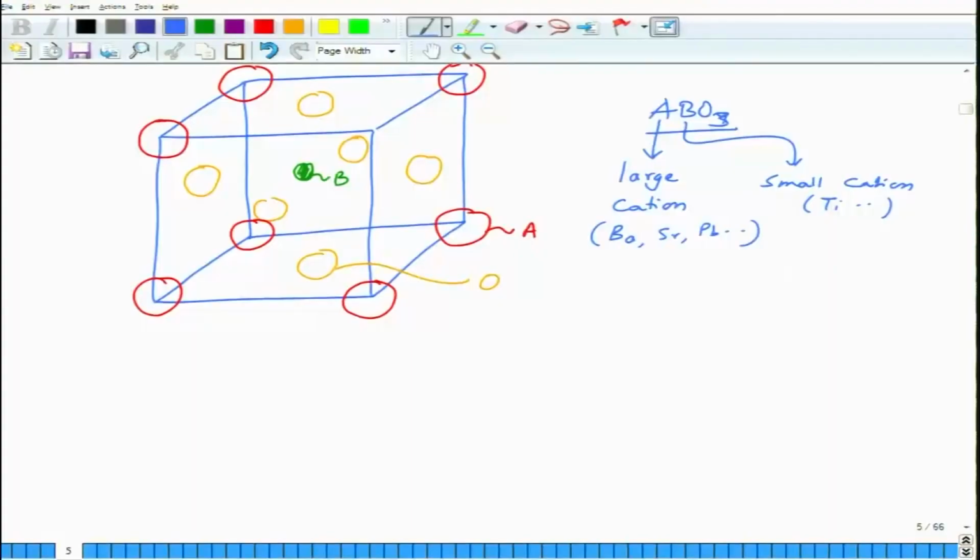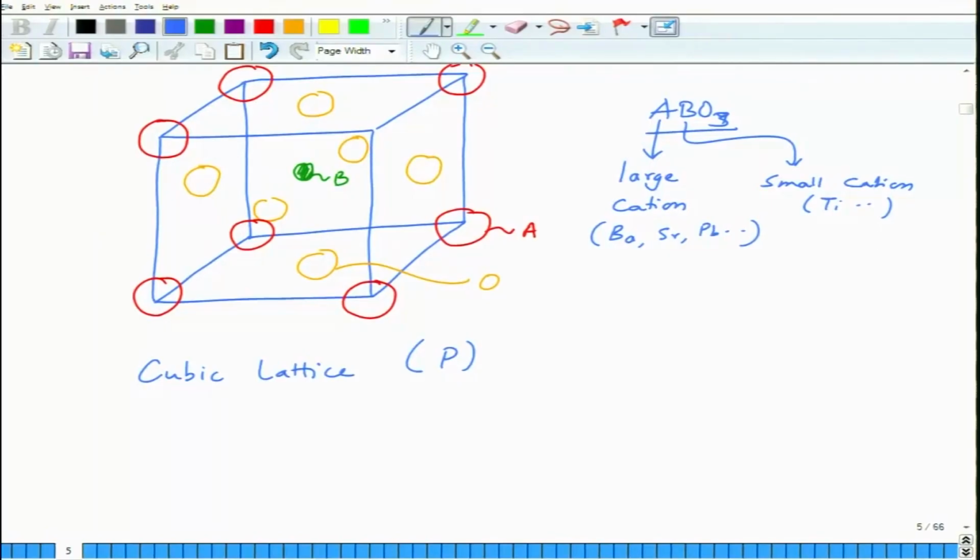So, the corner of the cube is occupied by A atom, the face center of the cube is occupied by oxygen atom, and center of the cube is occupied by B atom. So, this lattice is basically a cubic lattice, P type, that is primitive cubic lattice.